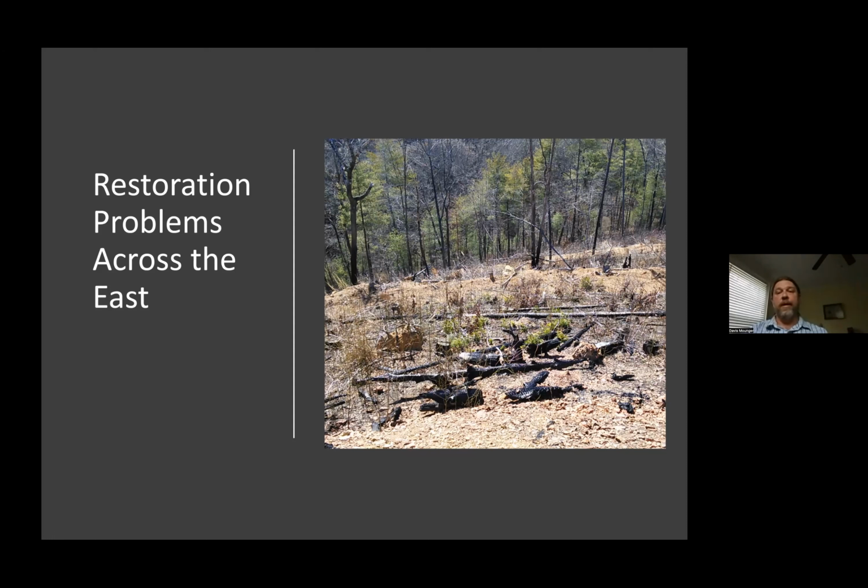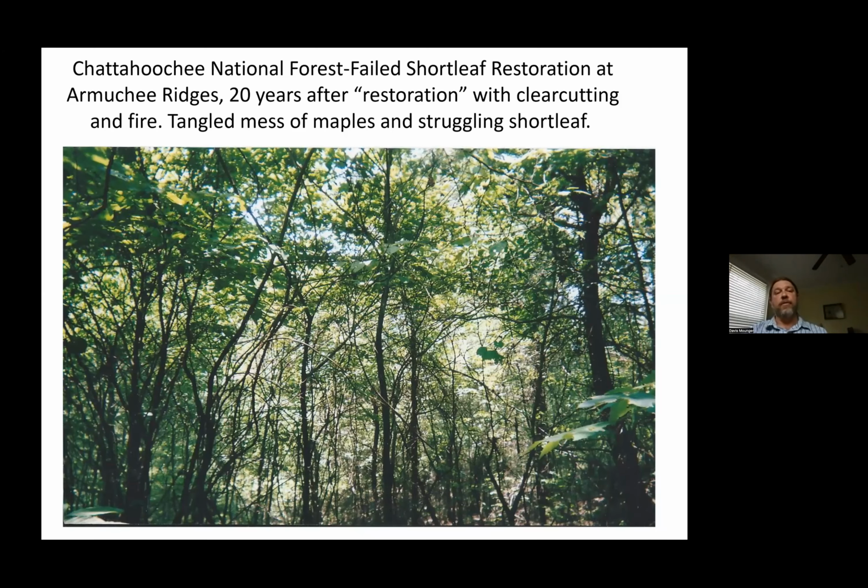You see some places like this where you have serious erosion, or you see places like this in the Chattahoochee, where there was an attempt at restoring shortleaf 20 years before, and I think they logged it and did some mechanical hacking to suppress maples and planted some shortleaf pine, and it just came up maples.